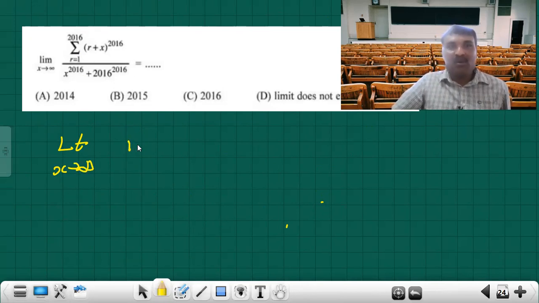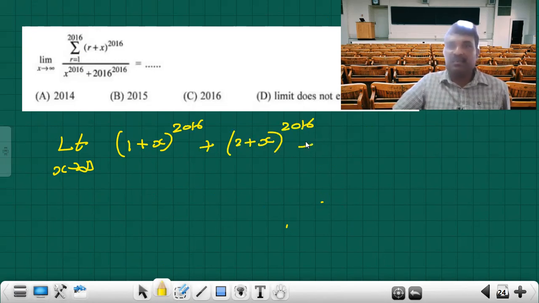So this becomes, when r equals 1, (1 plus x) all raised to 2016, plus (2 plus x) the whole raised to 2016. This goes on. Last term becomes, r means 2016, (2016 plus x) the whole raised to 2016.